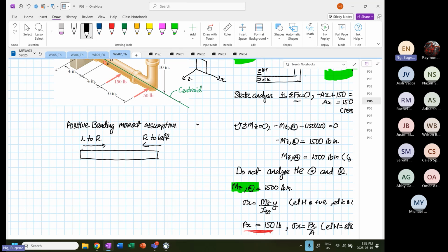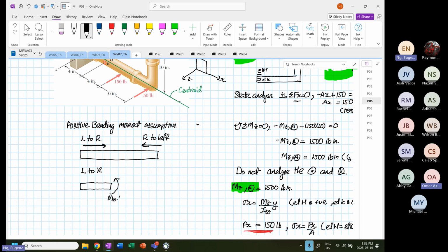This is going left to right. The other one is right to left. Omar, that's clear to you? Omar, keep your mic on. I'm very concerned now. Yeah, that's clear. Okay. So when we do from left to right, the positive shear analysis, this is positive bending moment.